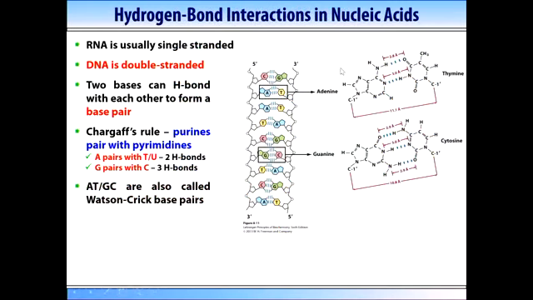Here I'm showing you how exactly the base pairs look. On the top there is the AT base pair, or it can be the same as AU. The only thing that you need to change is to remove this methyl group from this nucleotide, and you will turn thymine into uridine.